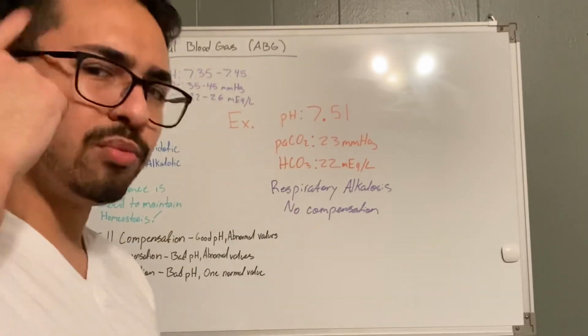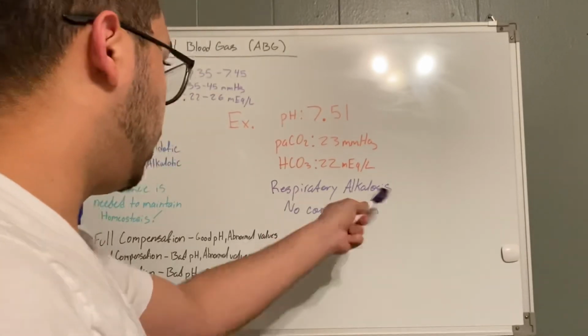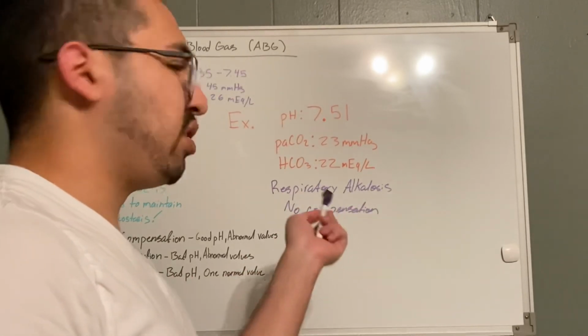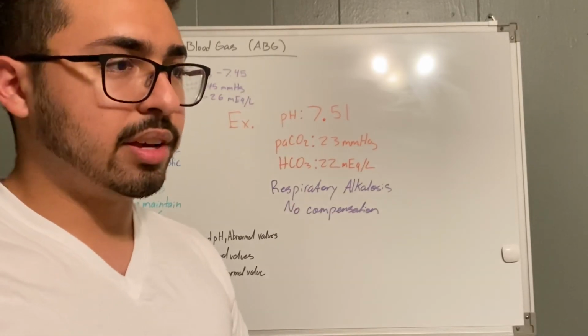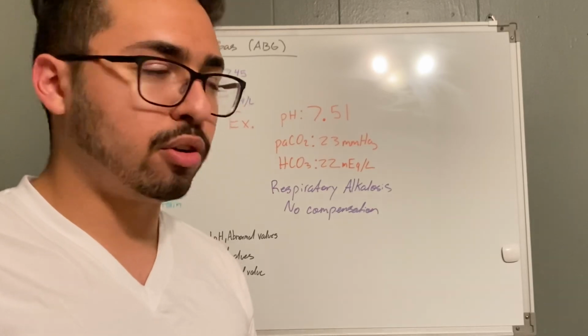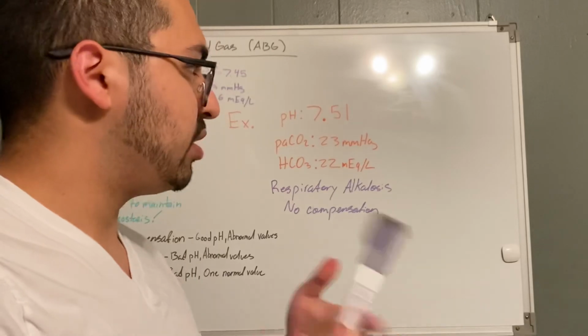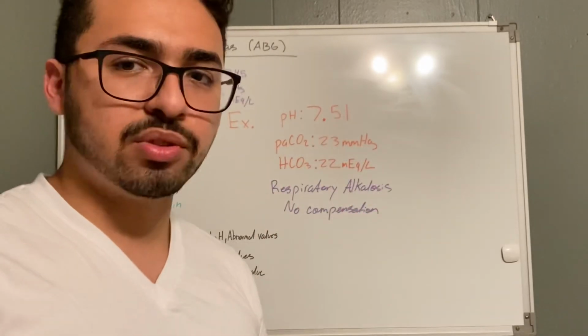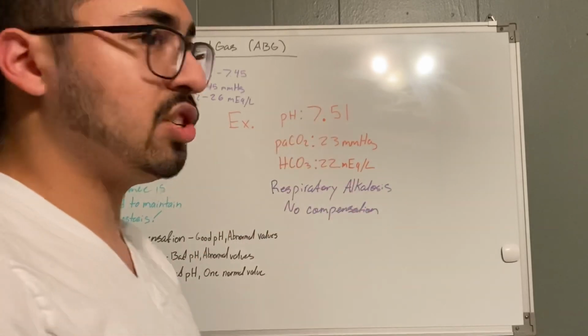So those are just some real world examples you can think of where you might see alkalosis or acidosis. Some other things to think about could be respiratory failure or kidney failure. Just various issues can take place that can affect the blood pH.